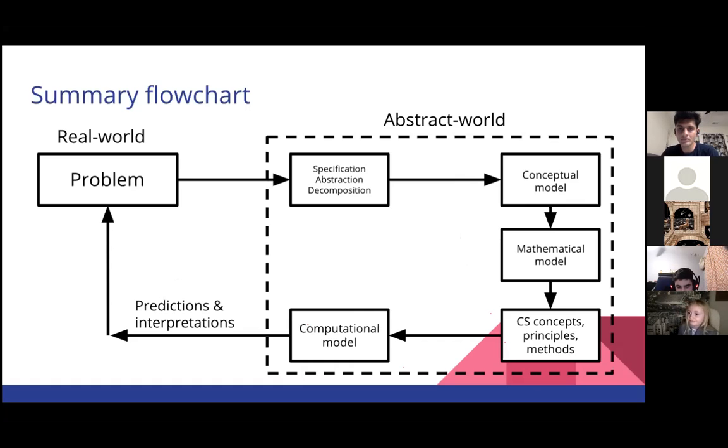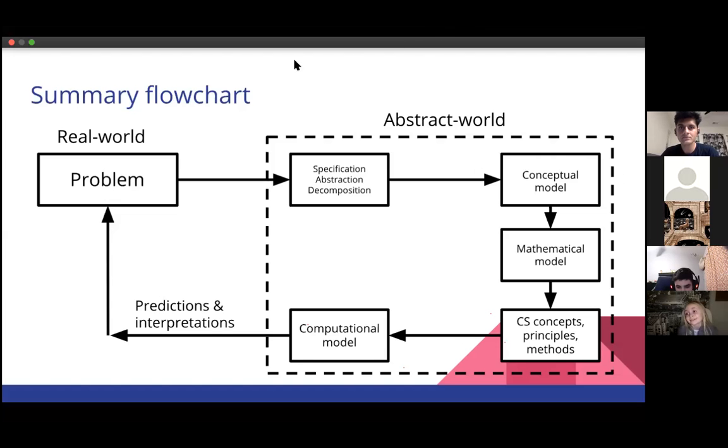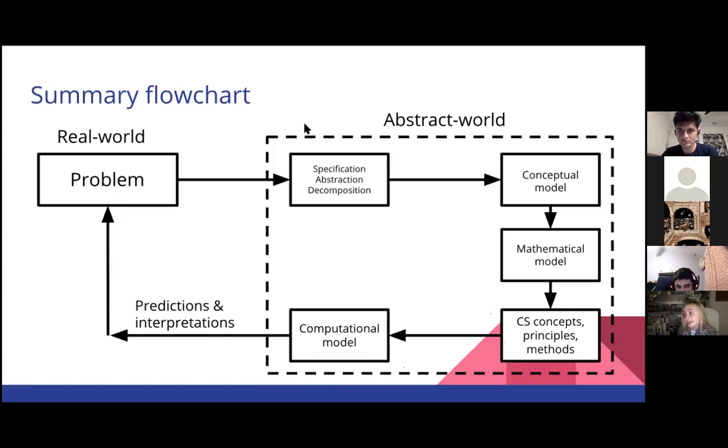Next, we have our conceptual model, which is kind of exactly like this flowchart. So we think about the logical steps, the deduction needed to get our desired result. And then that leads us into our next step, converting each part of the flowchart or conceptual model into a mathematical one.